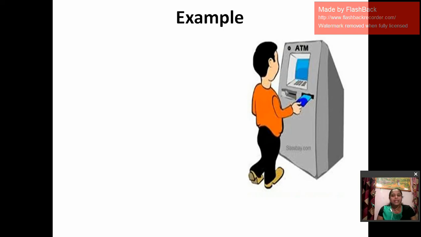That means only the amount of information we should know is disclosed. What is disclosed? How to operate the ATM, how to collect the money, how to update your balance, how to see your balance, how to get the updated slip.